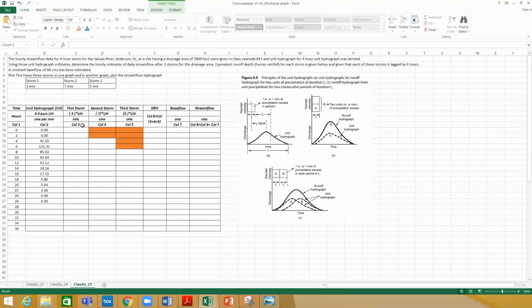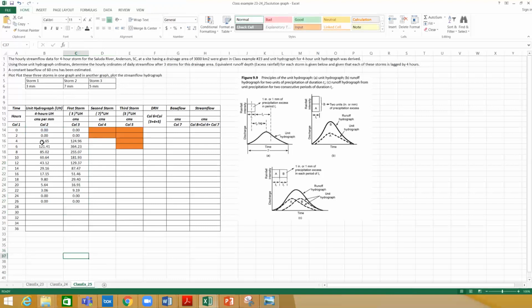So let's work with the very first one. These ordinates are actually for 1 millimeter of runoff depth. For this one, it has 3 millimeters. So what we have to do is multiply each value with 3. Okay, and we will calculate this one here.